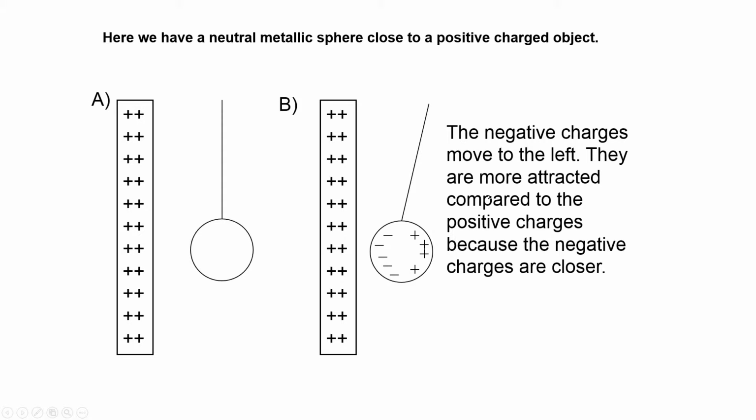The electrons will move to there and leave the right side positively charged because the electrons have moved to here. Those electrons are closer to the positive object than the positive ions. So the electrons have moved here, and this force is stronger. This attraction force is stronger than this repellent force, so the sphere will move towards the positively charged object.